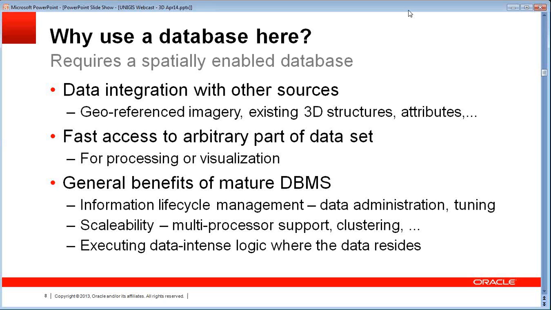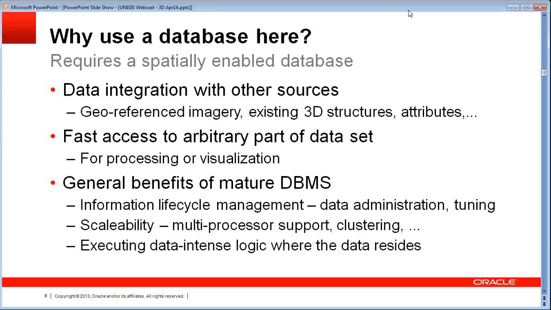And that's where databases come into play, which also have the benefit of providing the opportunity to merge or conflate the data from various sources. So you could use your LiDAR data, join it with your georeferenced raster data, or with existing 3D structures, maybe, which you already have from CAD or whatever other data source, and attribute data, which you find all over the place too.